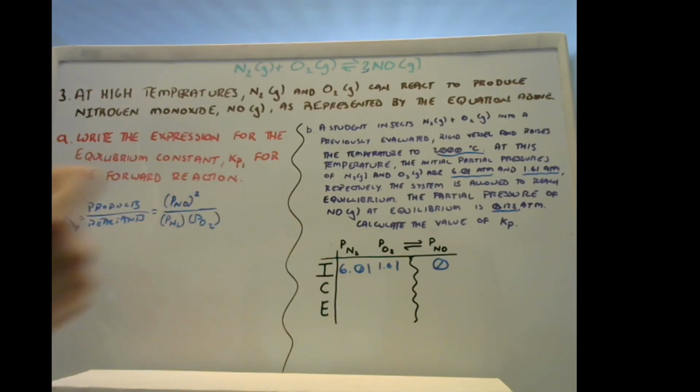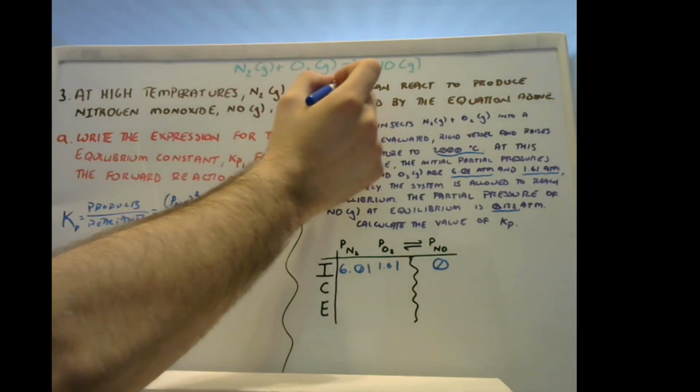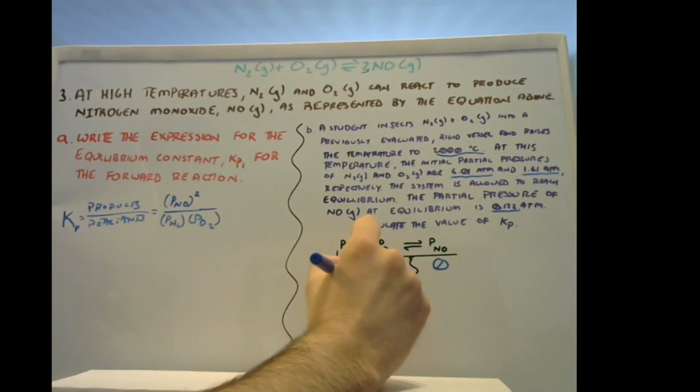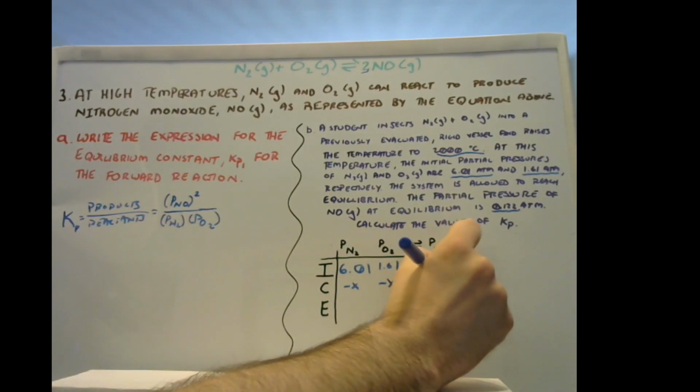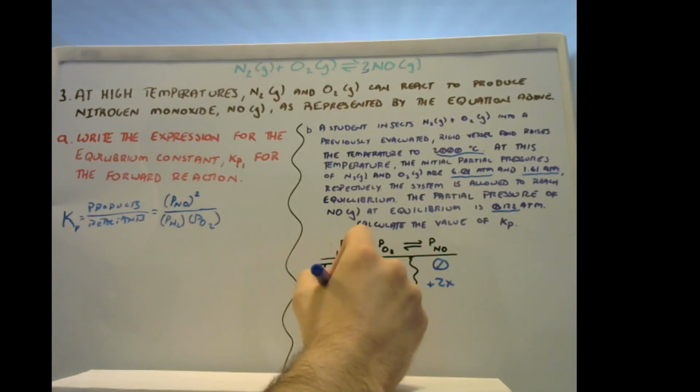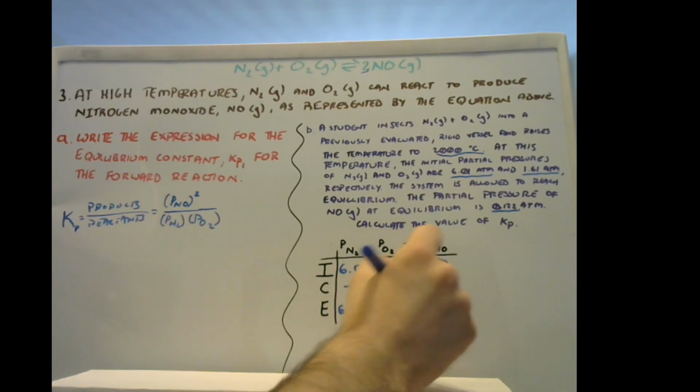My change is based on my reaction here. So for every one of these I lose and every one of these I lose, I gain 2. So this is going to be minus x, minus x, plus 2x. So at equilibrium, this is 6.01 minus x. This is 1.61 minus x.